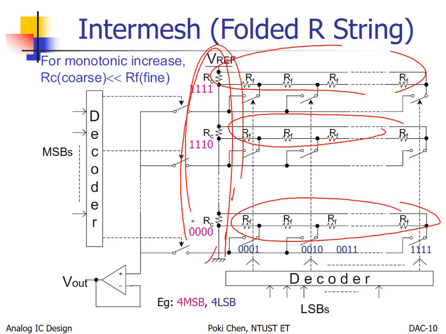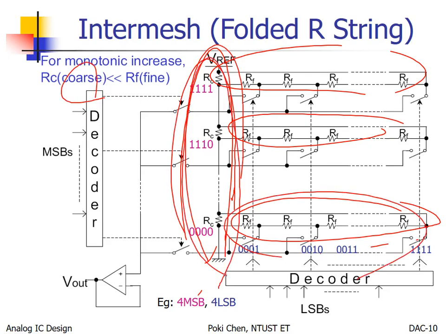With the help of the coarse R string, you can make the fine strings uncorrelated to each other. What do I mean? You only need to match 16 of them. You don't need to care about my RF, your RF. We are totally uncorrelated. It will help you to much simplify your layout for RF.